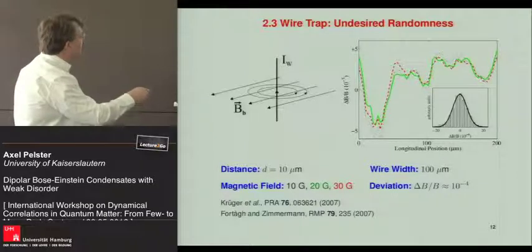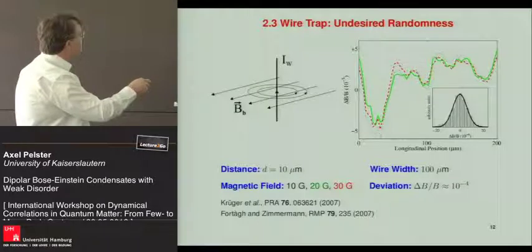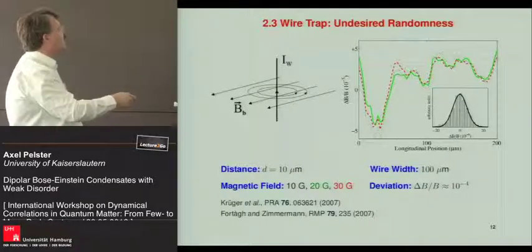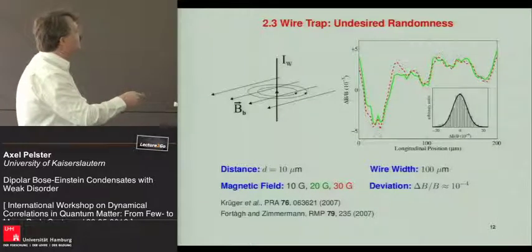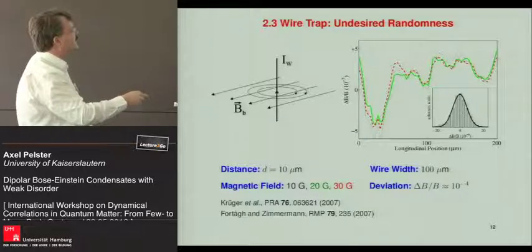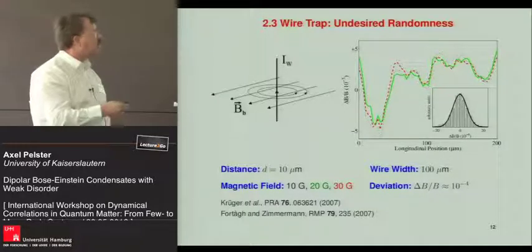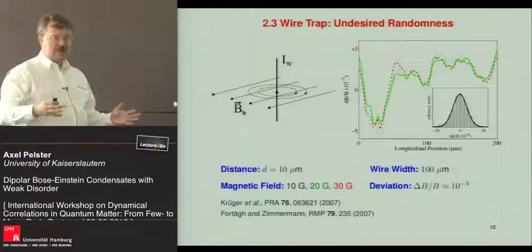And this minimum of the harmonic potential is now measured once you go along the z direction. And this graph here shows that this minimum changes of the order of 10 to the minus 4 or 10 to the minus 5, which is a tiny irregularity, but nevertheless it is there and has to be dealt with.